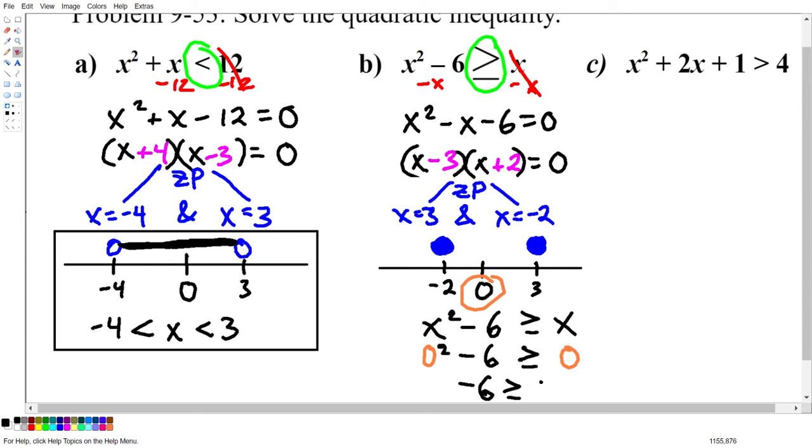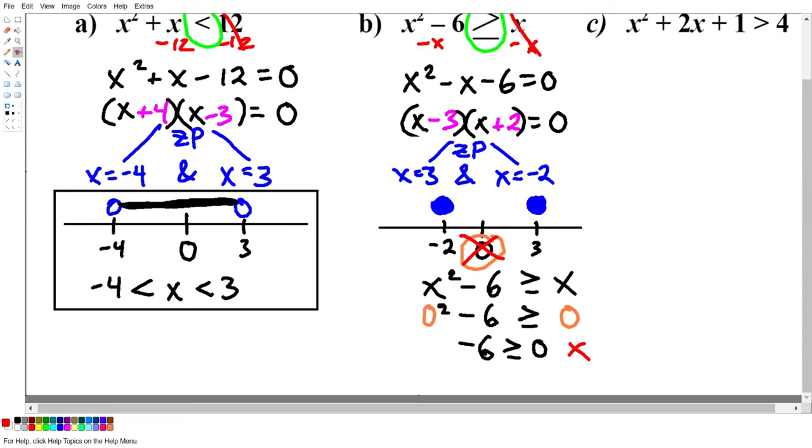Is negative 6 greater than or equal to 0? No, that's not going to work, right? So this means that 0 is not a solution.